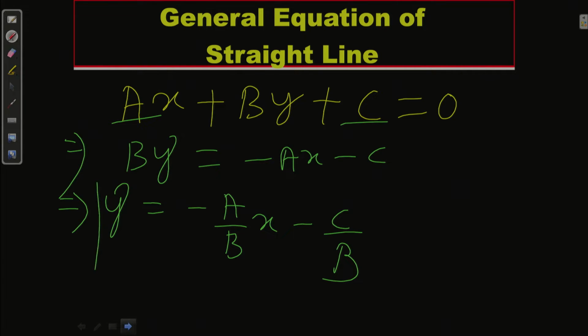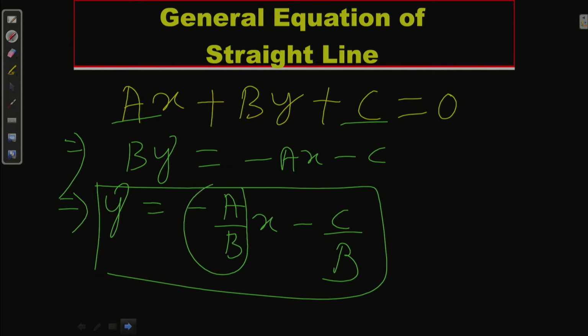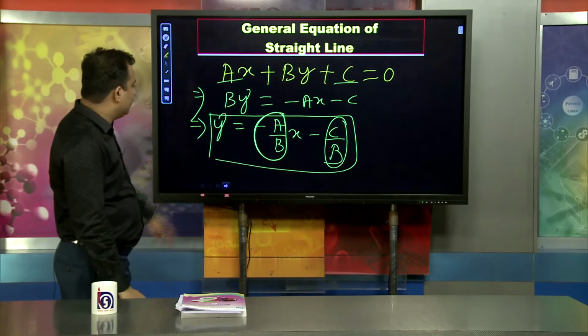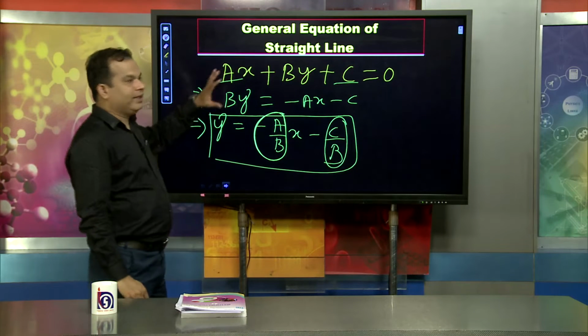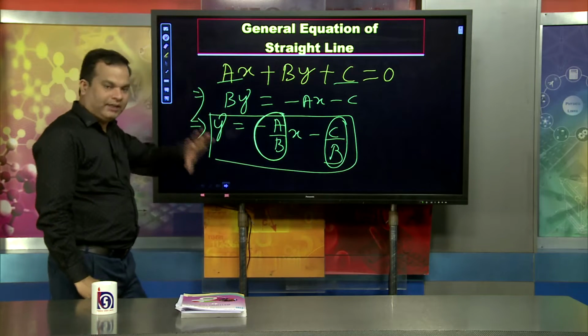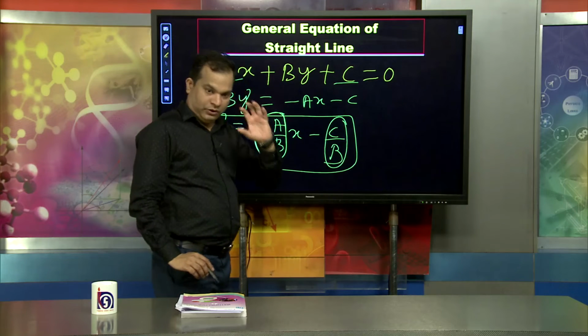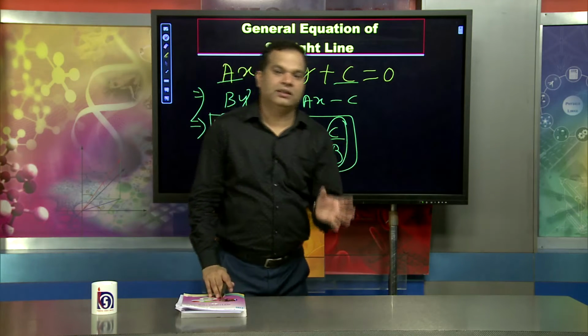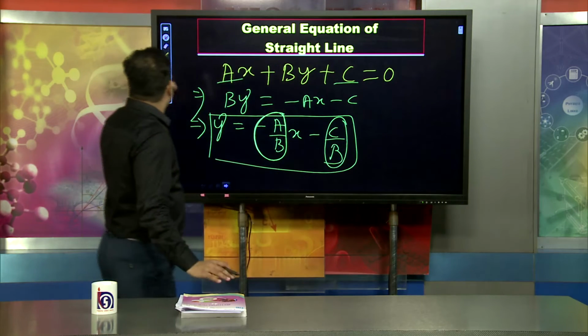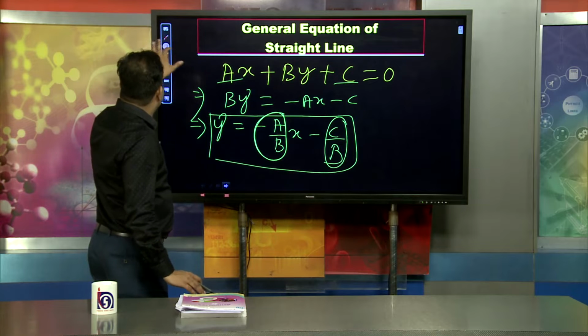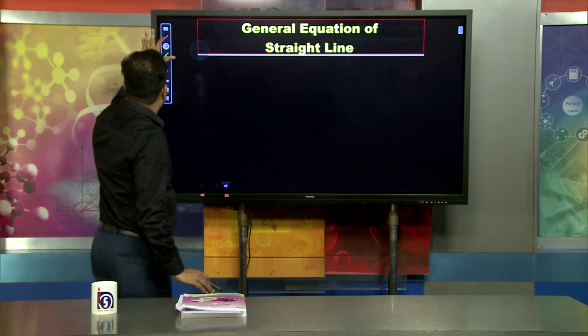You see what you observe. Here minus a by b is the slope and minus c by b is the intercept. This way, from the general equation of the straight line, we can find the slope of the straight line as well as the intercept. Let us discuss it by taking an example.